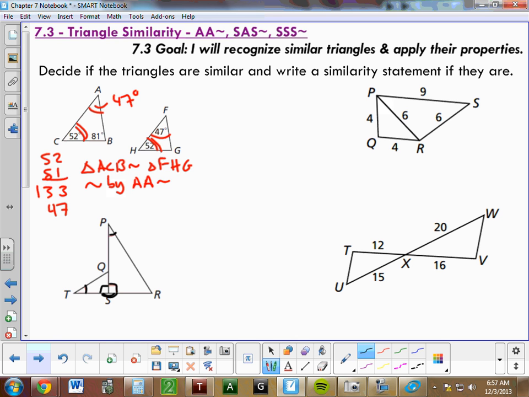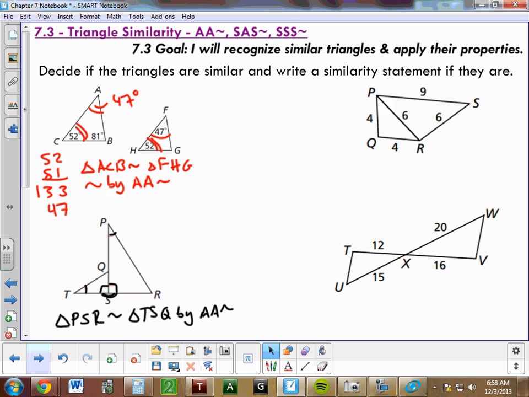So already I can get that triangle PSR is similar to triangle TSQ by angle similarity.